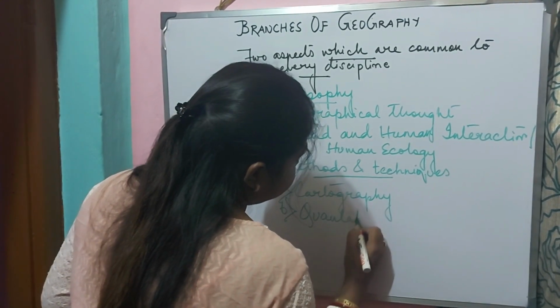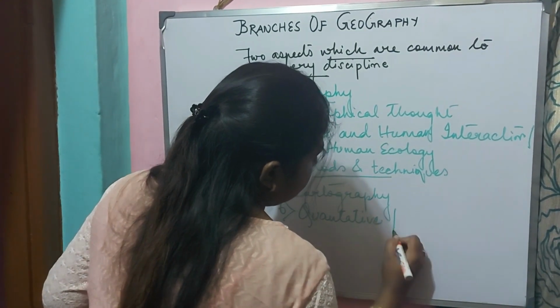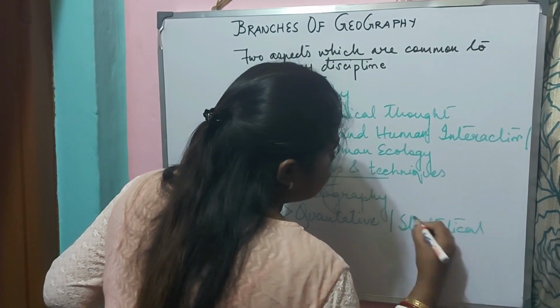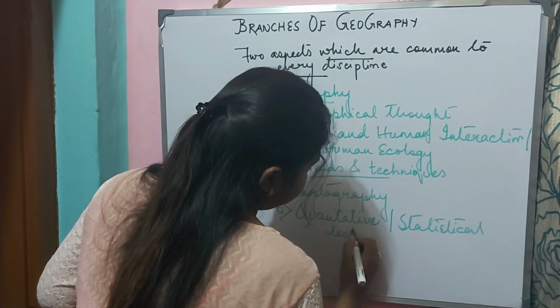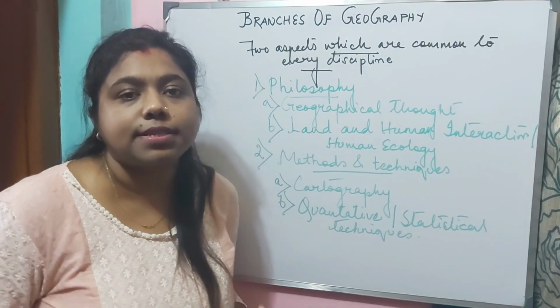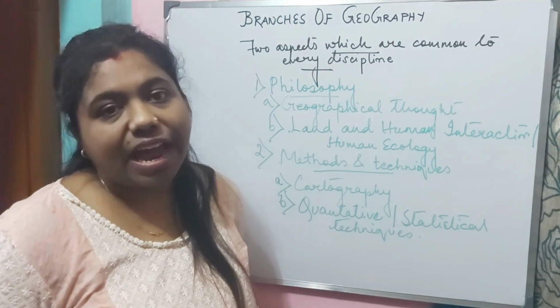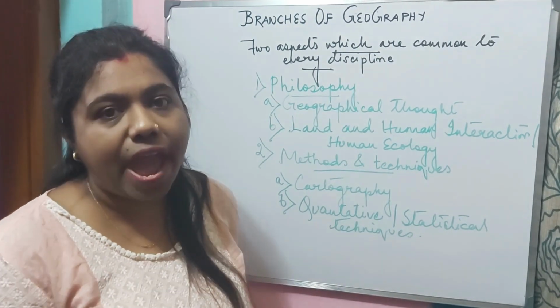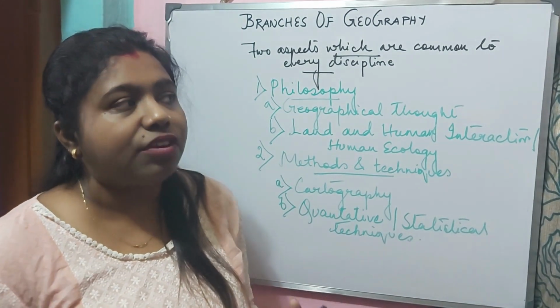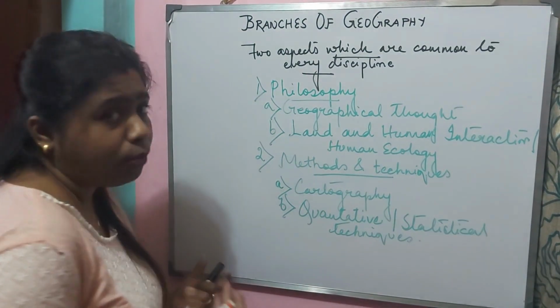Quantitative or statistical techniques. Yes, we have to use different statistical techniques to utilize the quantum of data, or to construct bars or diagrams, which is very important to compare two variables, or to understand the relationship between two or more variables.